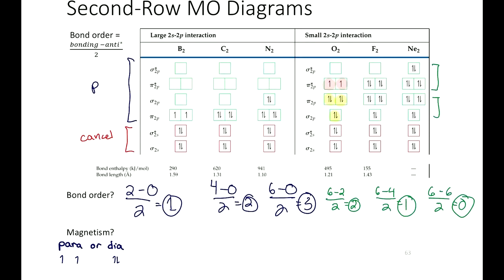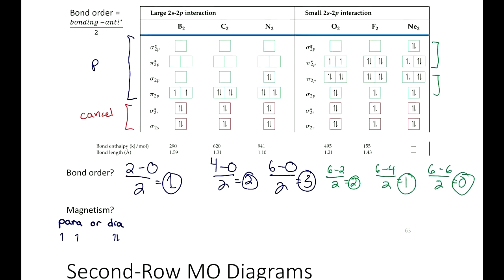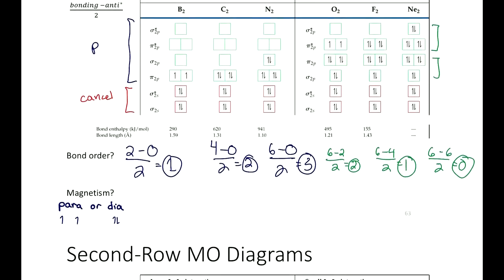Okay, so other information we can draw from these MO diagrams, because they're all in front of us and easy to read here, is predicting their magnetism, all right? So with magnetism, we can have substances that respond to a magnetic field or they don't respond to a magnetic field. When there are unpaired electrons in the MO diagram, in the center column, we get paramagnetic materials.